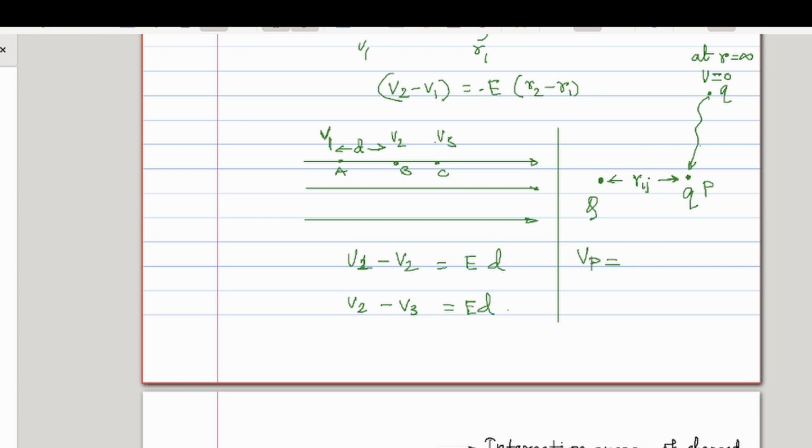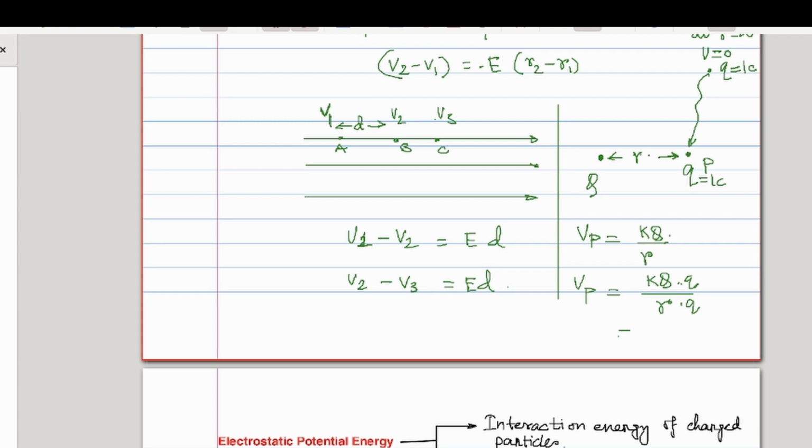Vp equals to, for our test purpose, unit charge shall be of 1 coulomb. Okay, so Vp equals to what? Kq by r. This is r only. Okay, so if we write this as kq by r times small q by q, this can also be interaction energy of these two charges.